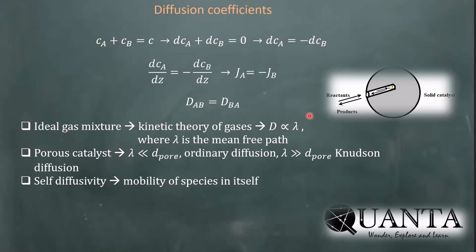Pictorially, we can see how the reactants and products diffuse through the pore to the catalytic sites and come out. So as we can see, the pore diameter is a separating criterion for ordinary diffusion as well as Knudsen diffusion.